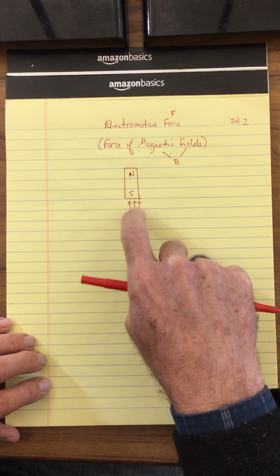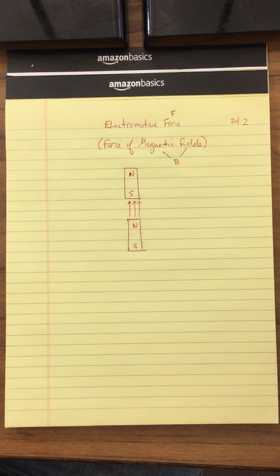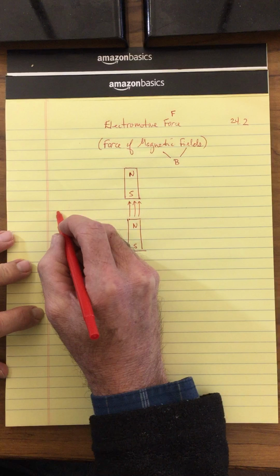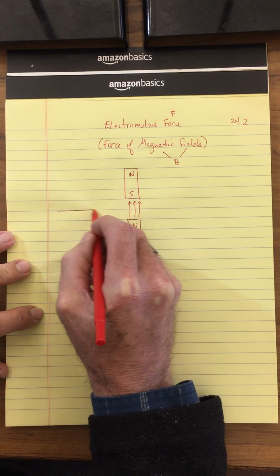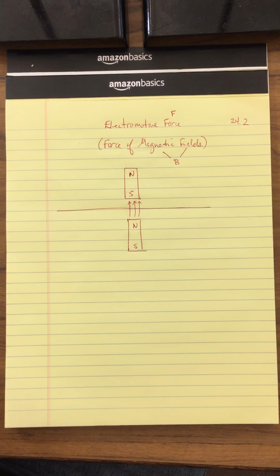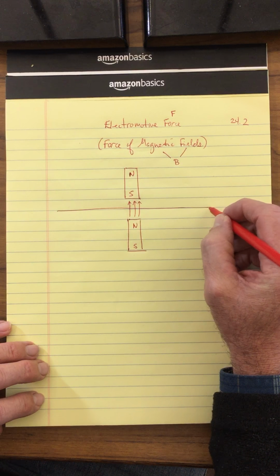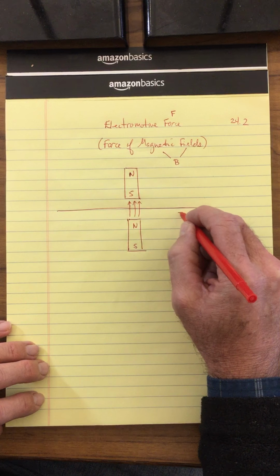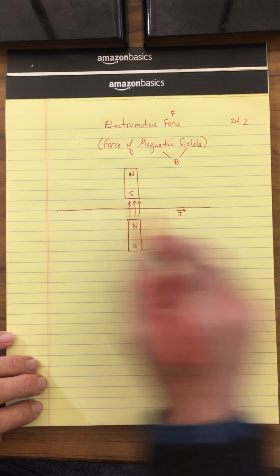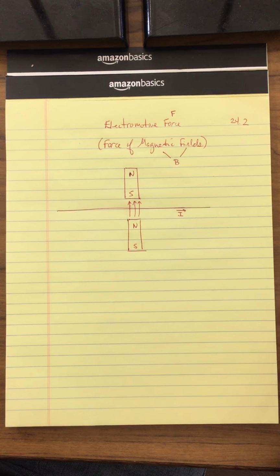But we're going to be particularly looking at what exists between these two magnets right here. So if you put a wire between these two magnets, there'll be a demonstration of this so you can see this wire. And let's say that the current is going in this direction, moving from left to right.